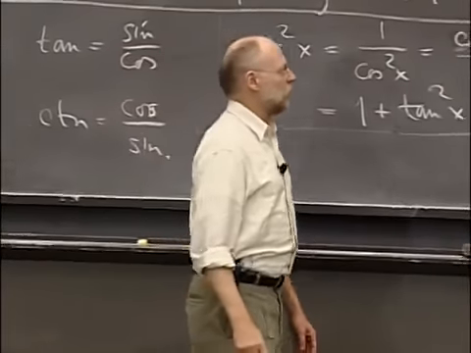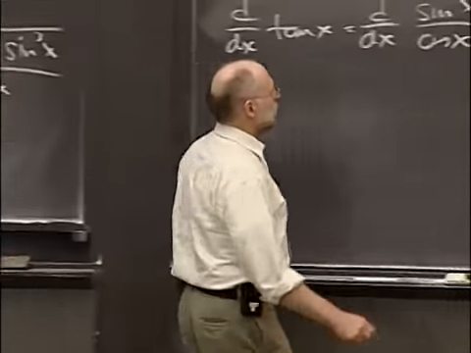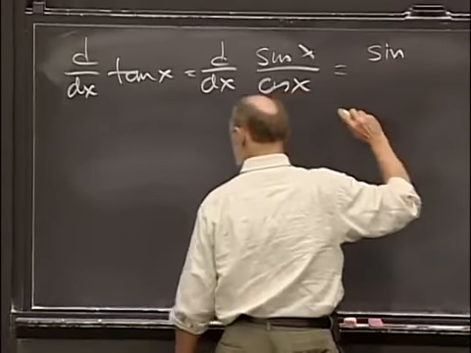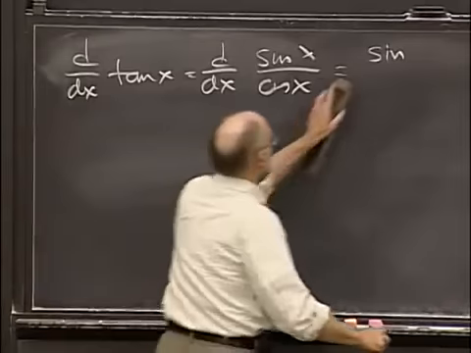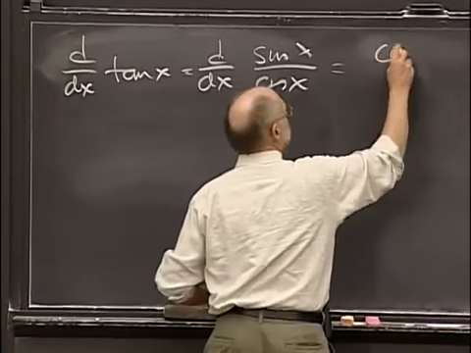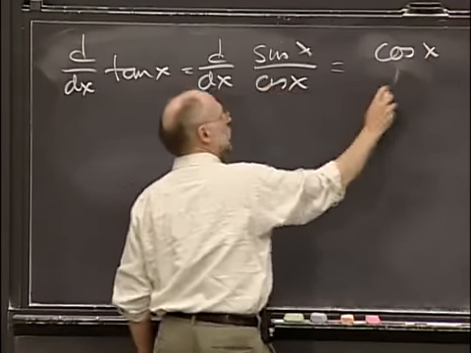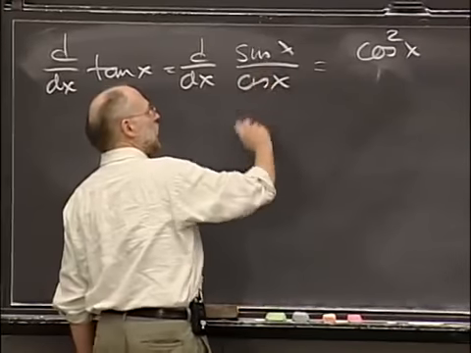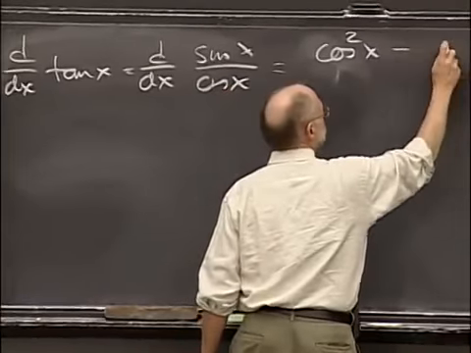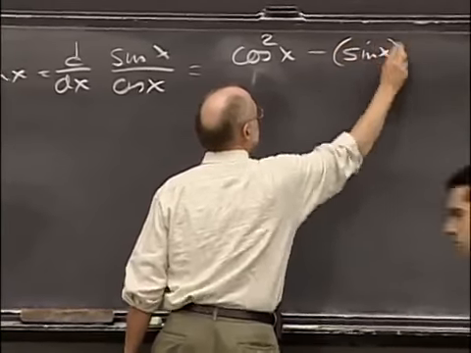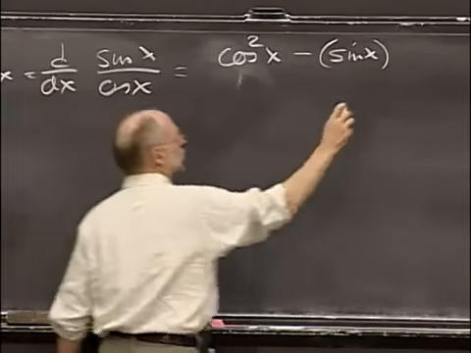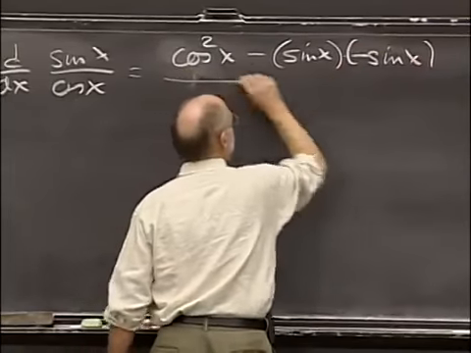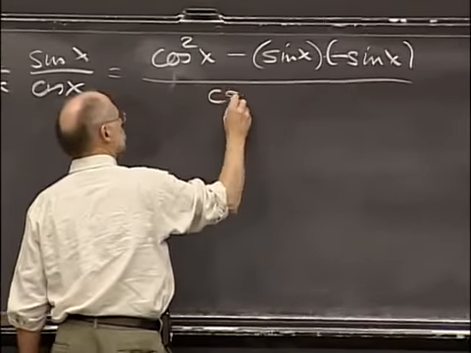The rule is you take the derivative of the numerator, which is cosine, and multiply it by the denominator, so that gives you cosine squared. Then you take minus the numerator and multiply that by the derivative of the denominator, which is minus sine of x. And you put all that over the square of the denominator.